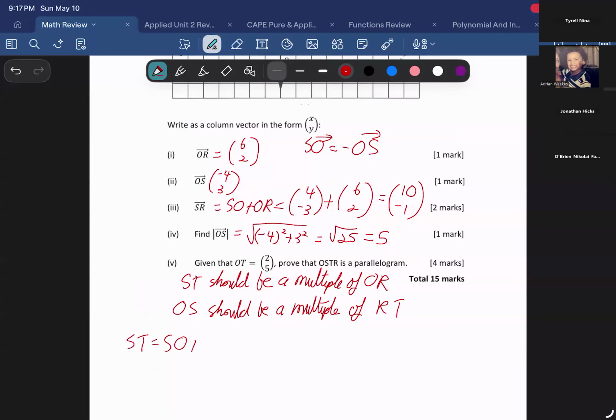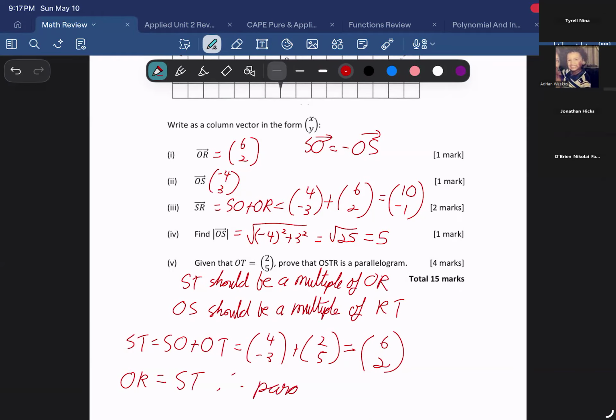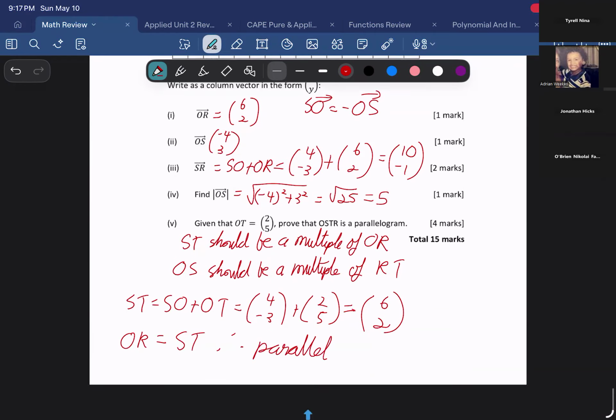ST is SO plus OT, which is (4, minus 3) plus (2, 5), which is (6, 2). And notice OR is equal to ST. Therefore, they are parallel because one is a multiple of the other. One is 1 times the other.